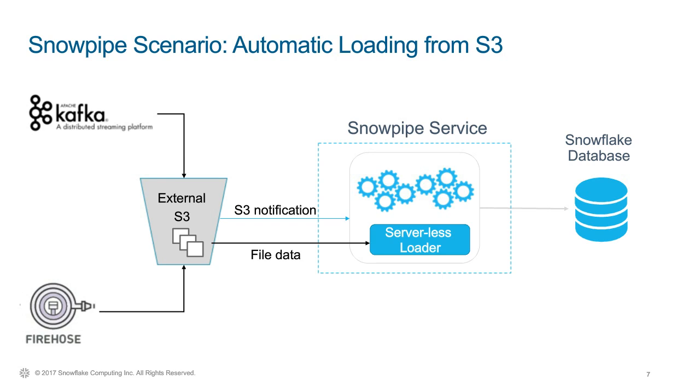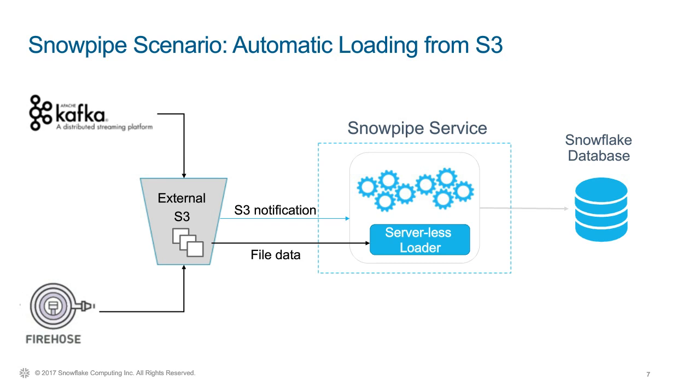And then Snowpipe runs a serverless experience for you where asynchronously behind the scenes, Snowpipe loads the files from S3 and places the data in your target tables. What you're seeing here on this slide is essentially an illustration of option 1, where you rely on S3 notifications, send them into an SQS queue, and from the SQS queue, Snowpipe picks up the new files and goes through the loading process.